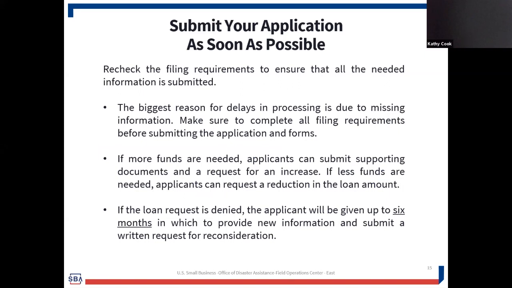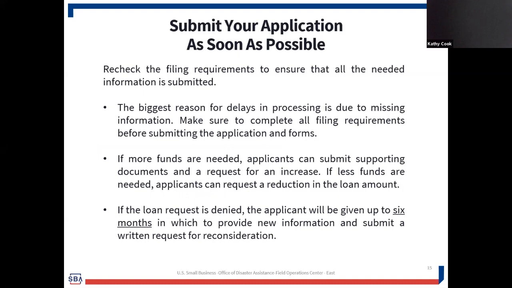The biggest reason for delays in processing is due to missing information. So try to make sure that you've met all the filing requirements when you're uploading the documents, and save, as Michael said, and save often. We're having people that are applying online getting knocked off the system because it's timing out.